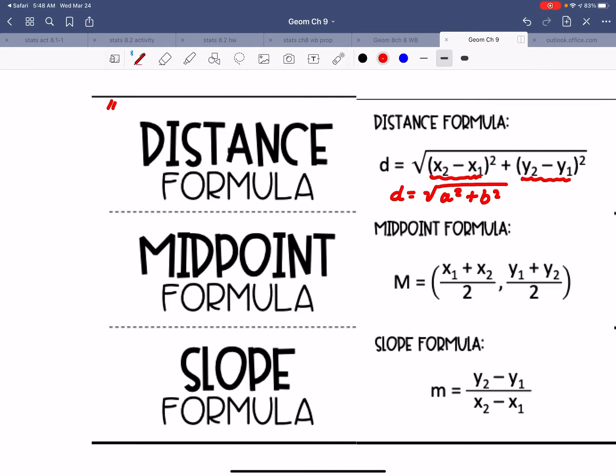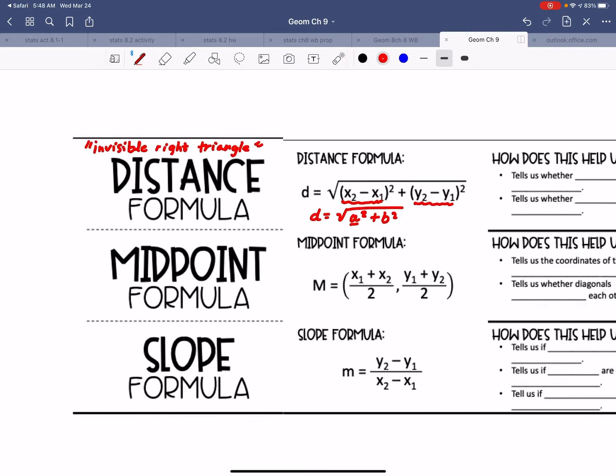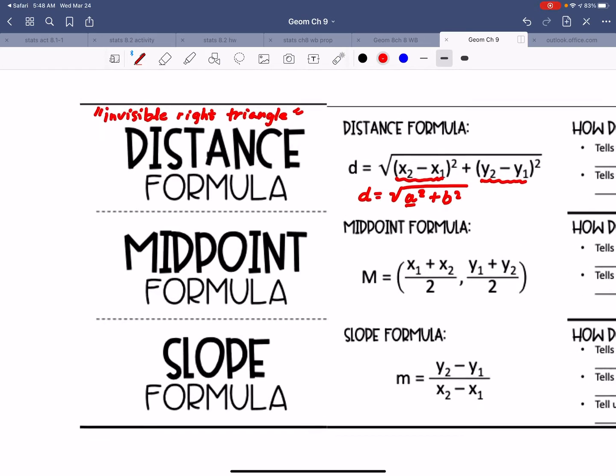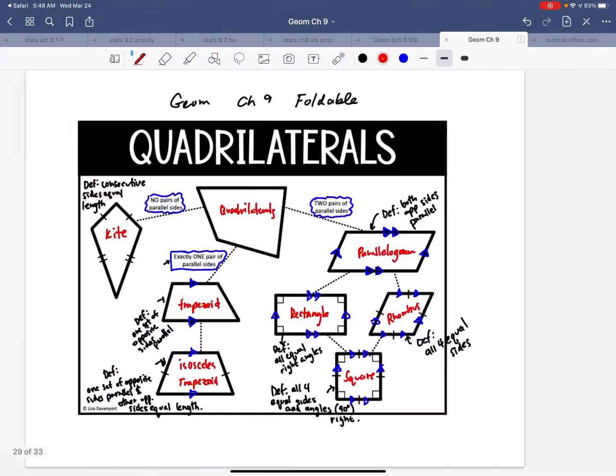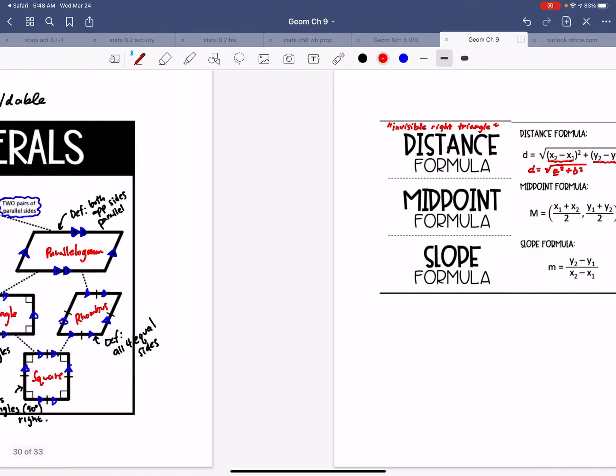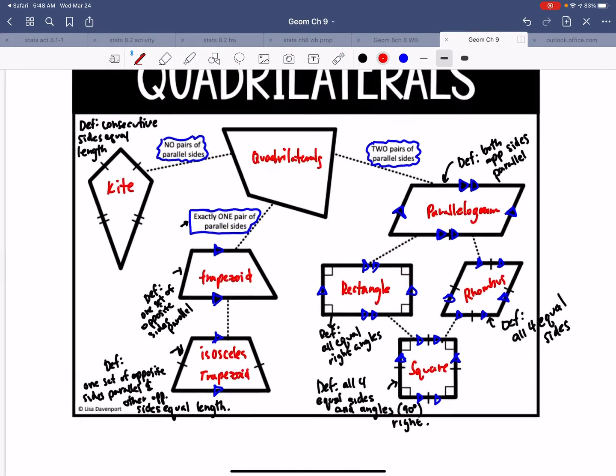I actually see the length of this invisible right triangle of Pythagoras's. Okay. But if I can't see the length or I'm worried, I can use my distance formula, right? So let's see how these would help us classify these shapes.